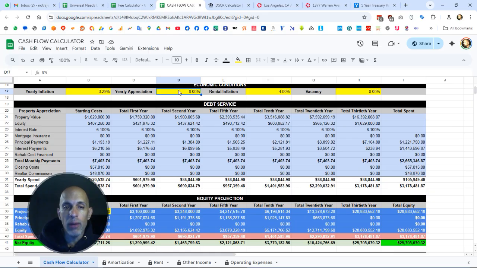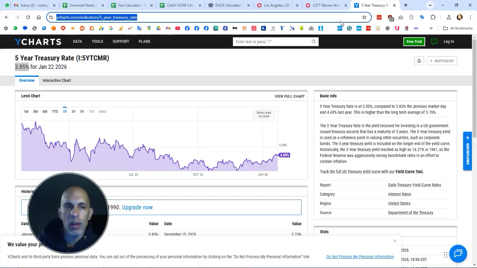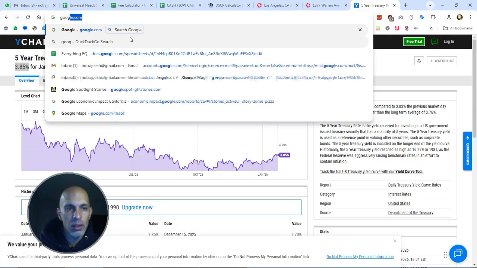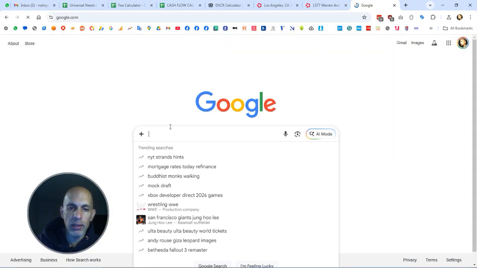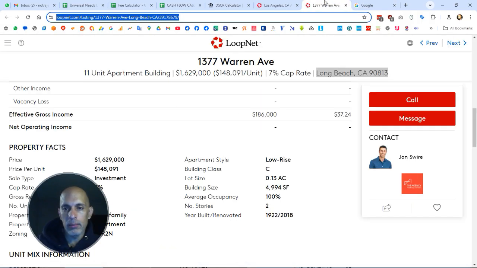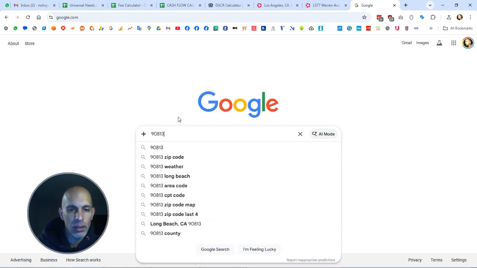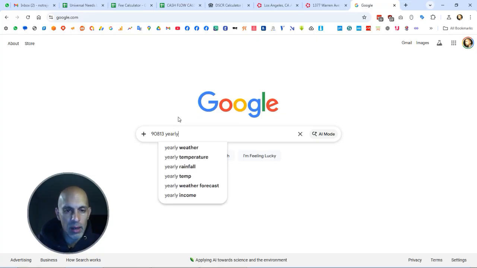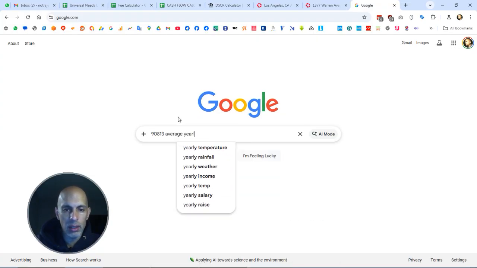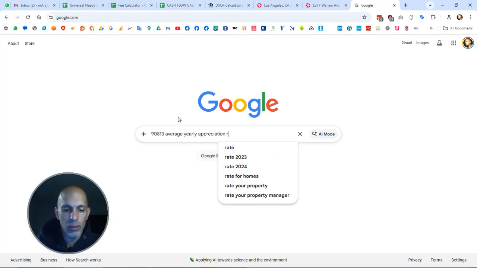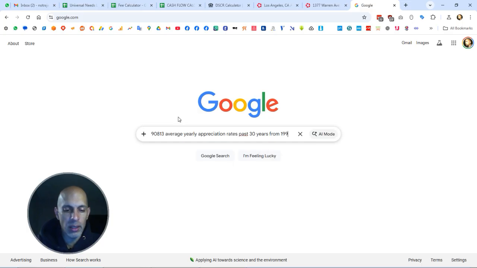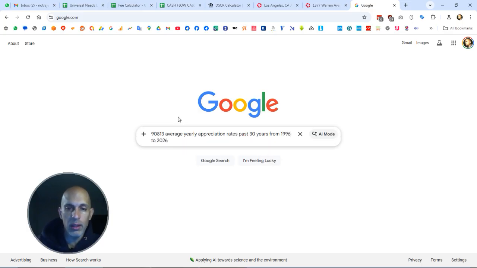By the way, if you do want to figure out how to find yearly appreciation and rental inflation, all I do is I go to Google and then I type in the zip code, 90813, average yearly appreciation rates past 30 years from 1996 to 2026.